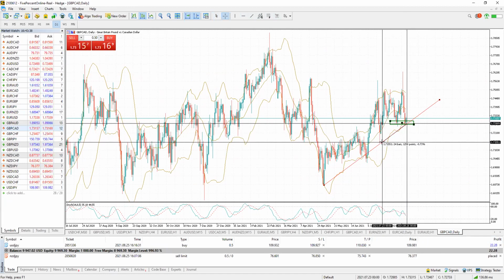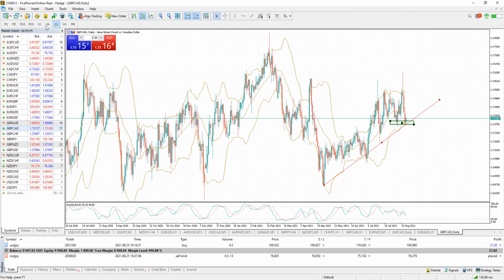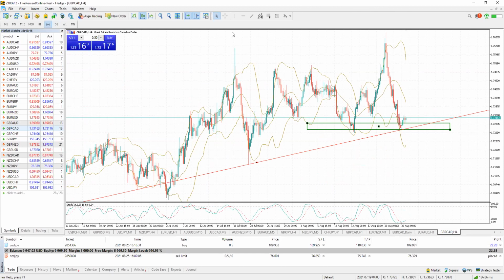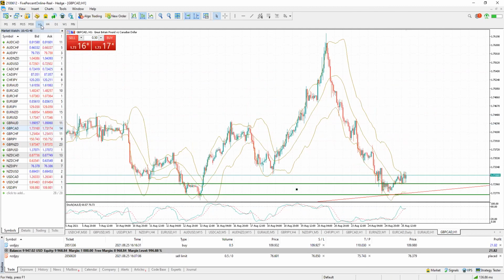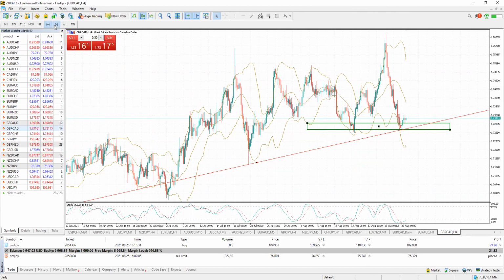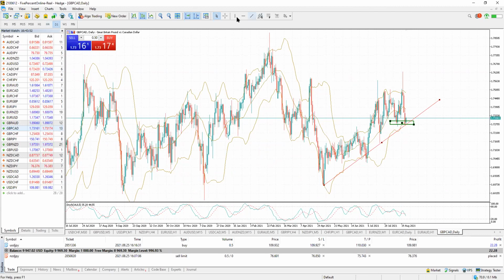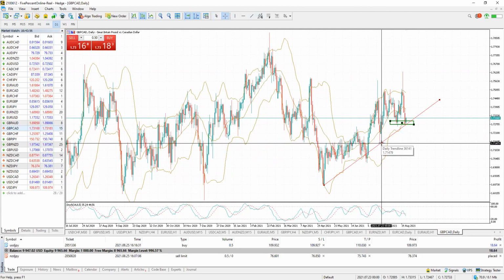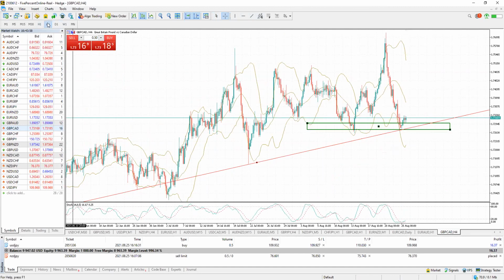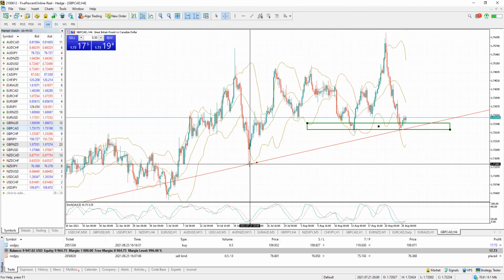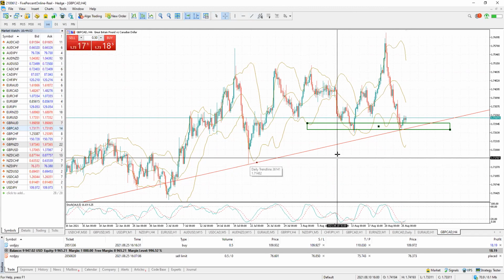Maybe we open a buy position here, and we can place the stop below this low, but I think this is an XZ. This is something that was very critical here. So I will maybe make the stop loss at this level.